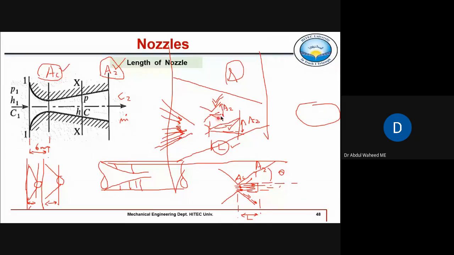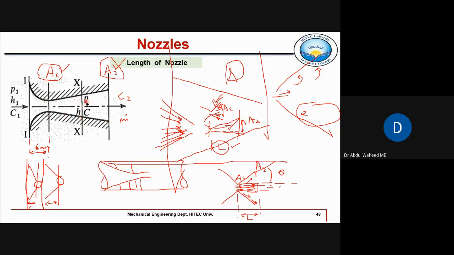Because of this flow separation, there will be some reverse flow like this one, because the fluid cannot occupy this whole space. So that is the reason why this divergent portion is kept longer.